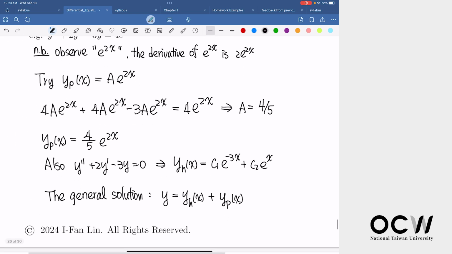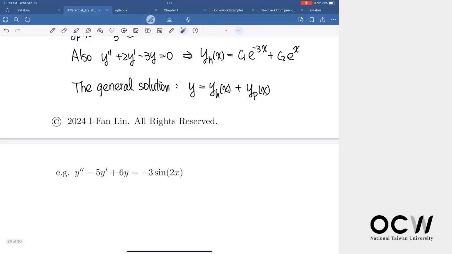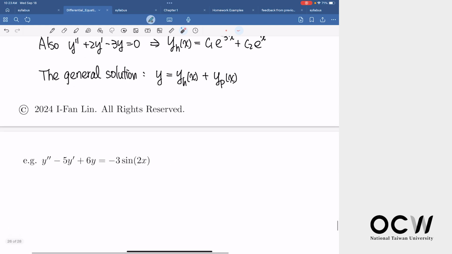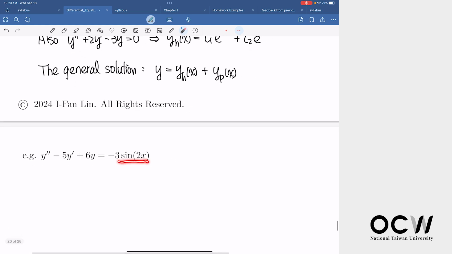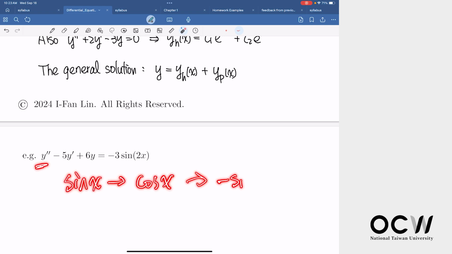Next, if the forcing function is sine or cosine functions, then definitely we will guess my particular solution is a sine function or cosine function, or even a combination of sine and cosine, because if I have a sine function, I take the derivative is cosine, and I take the second derivative, it becomes minus sine. So actually I should have the combination of sine and cosine.